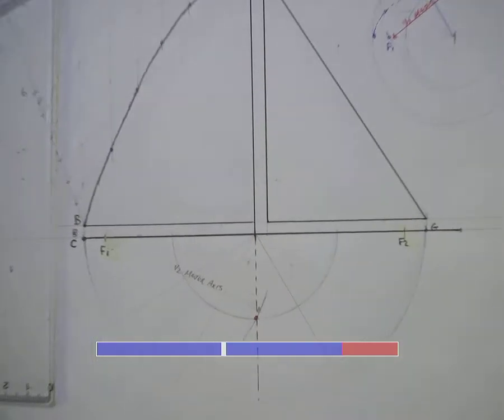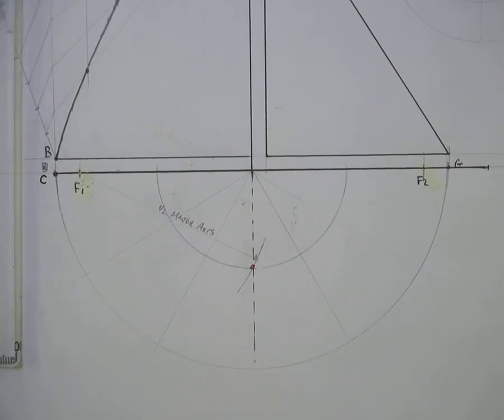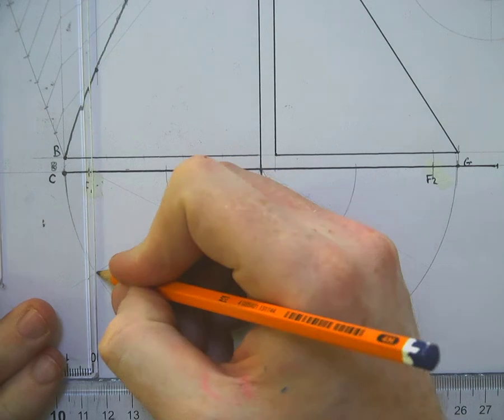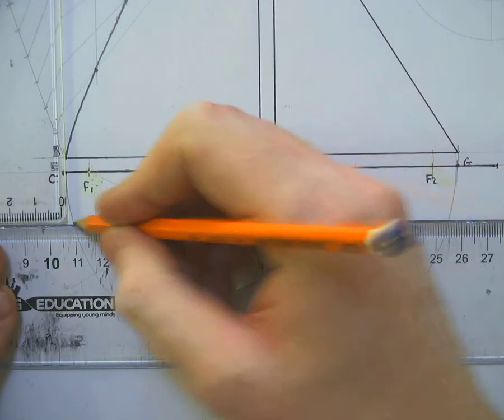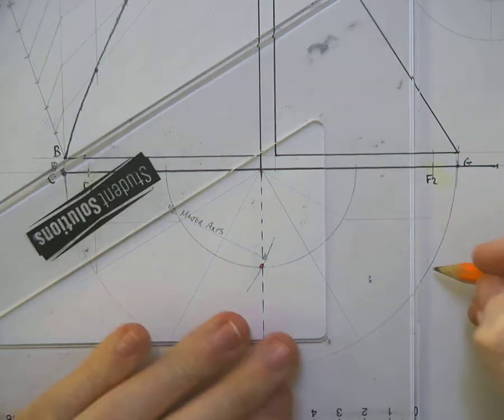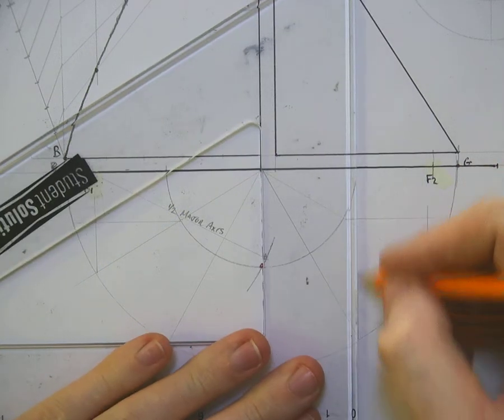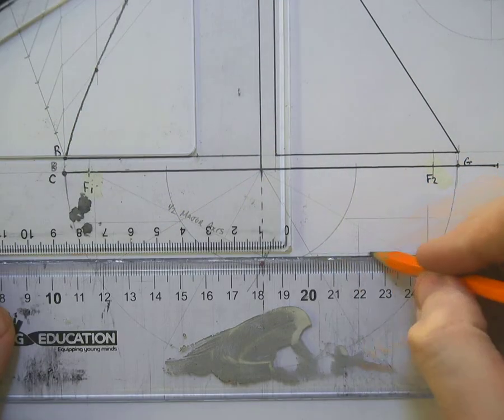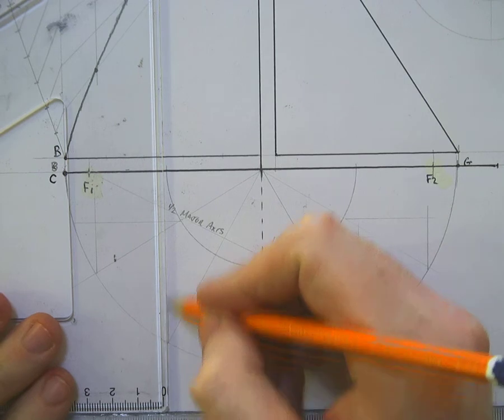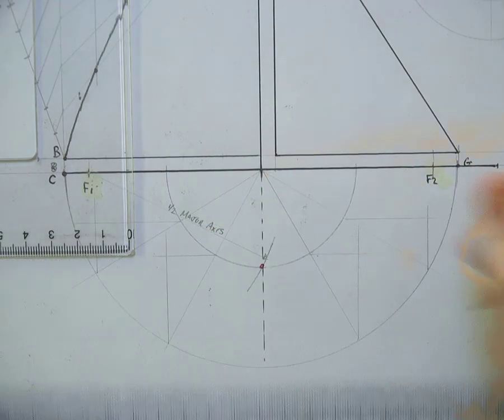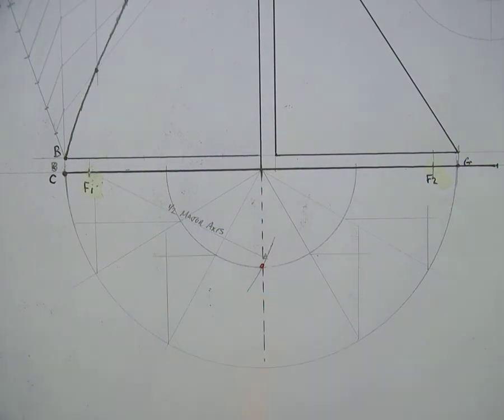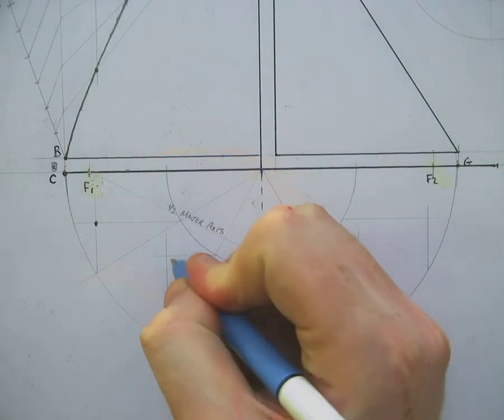I might just zoom in a little bit on this so you can see a bit better. So in this case it's going to be up and across. Points on my ellipse here then.